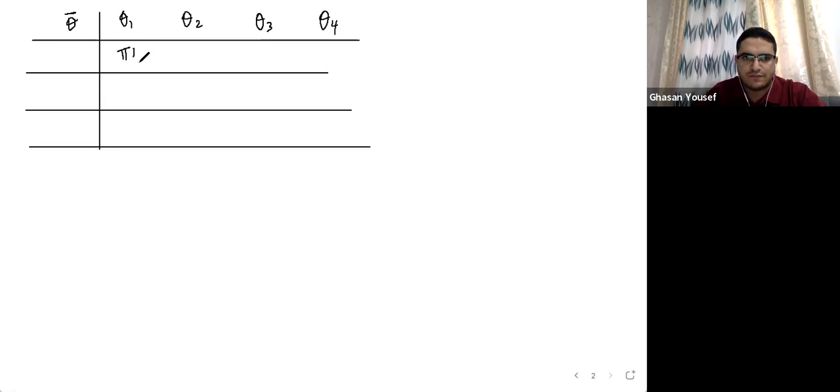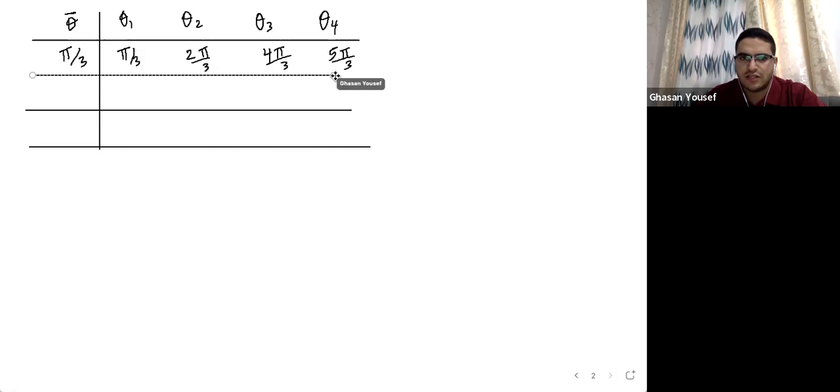The angles are pi over 3, 2 pi over 3, 4 pi over 3, and 5 pi over 3. All of them have the same reference angle, pi over 3. To check that, just graph the angle in the Cartesian plane, xy, and check what is the acute angle between the x-axis and the terminal side.